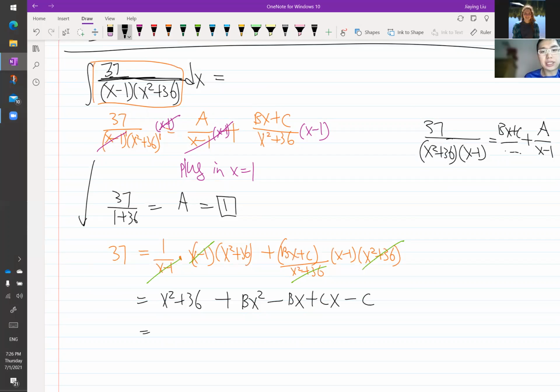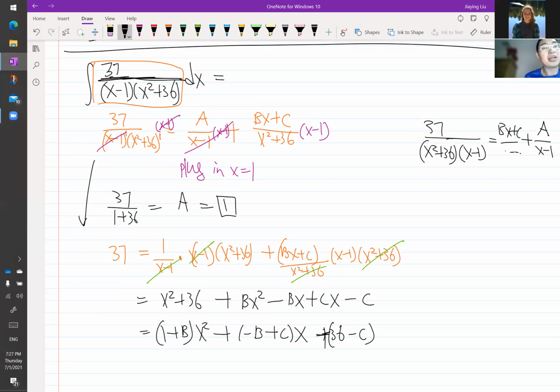So now I'm going to collect like terms and try to match the coefficients with the terms on the left. I got 1 plus b, those are the coefficients of x squared. And then the coefficients of x, that's negative b plus c times x. And then the constants I have is positive 36 minus c. And that should match with the terms on the left.